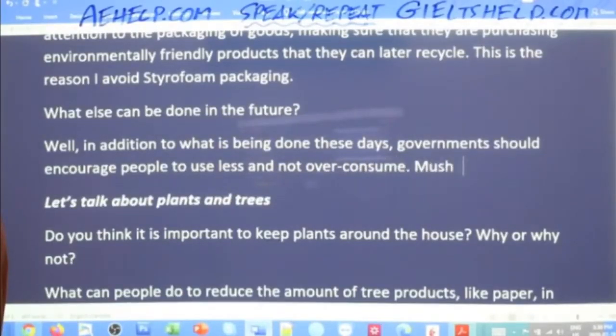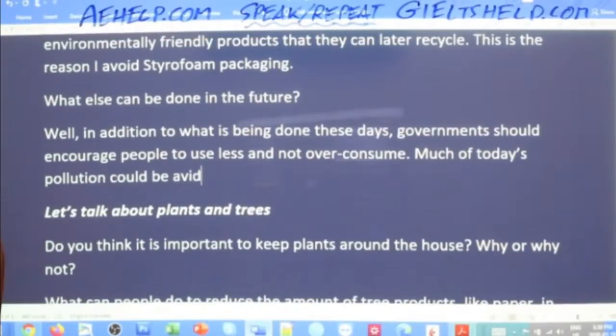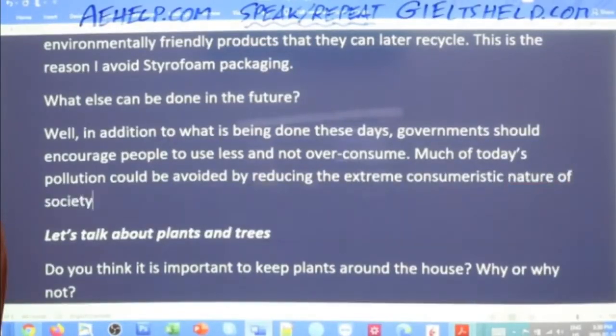Much of today's pollution could be avoided by reducing the extreme consumeristic nature of society.